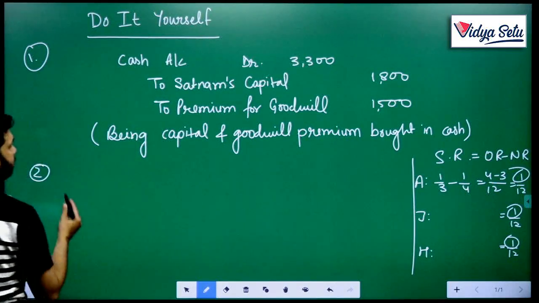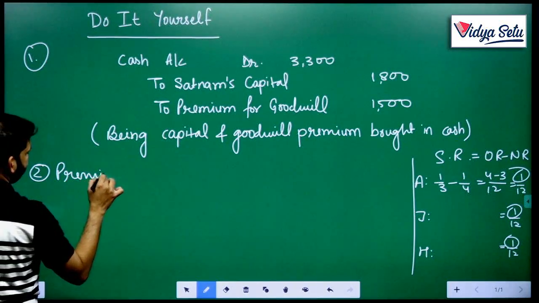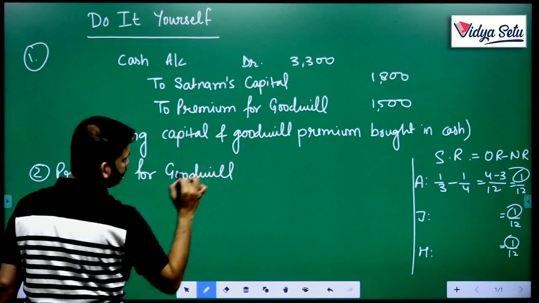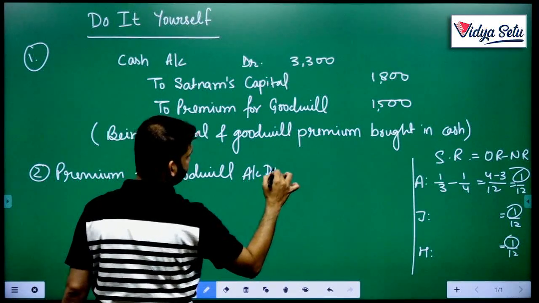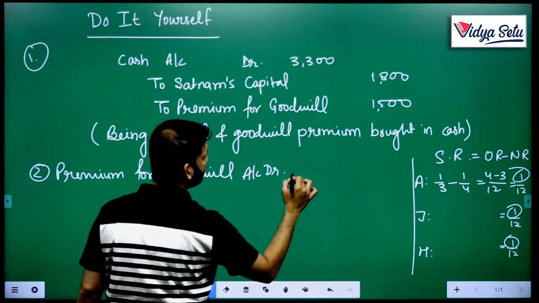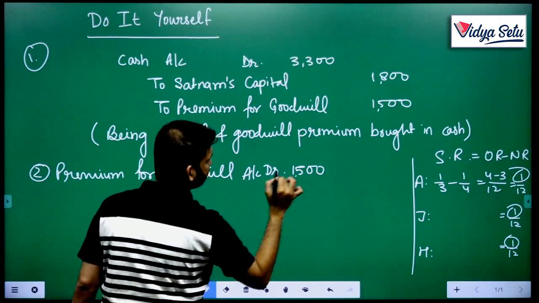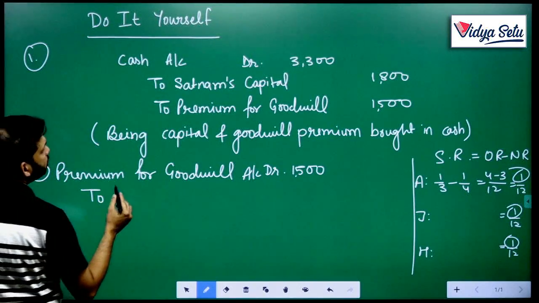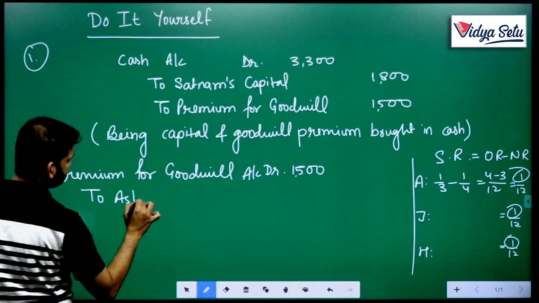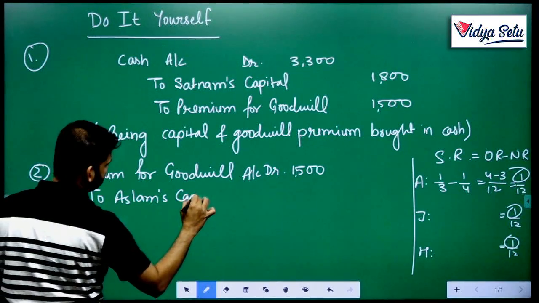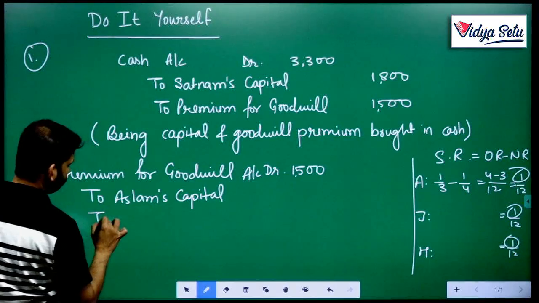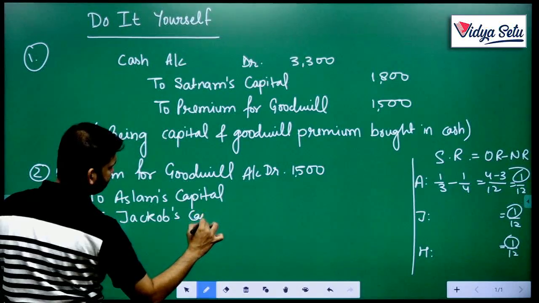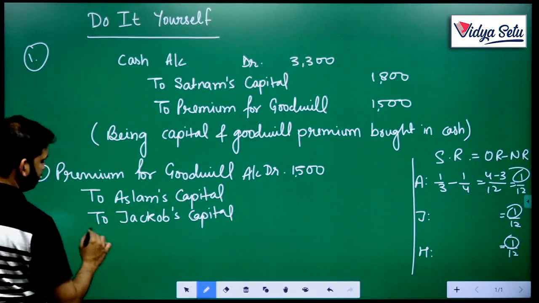So the sacrificing ratio becomes 1:1:1. Let's see, premium for goodwill account debit. How much was the premium? 1500 was the premium, to Aslam's capital, to Jacob's capital and to Hari's capital.